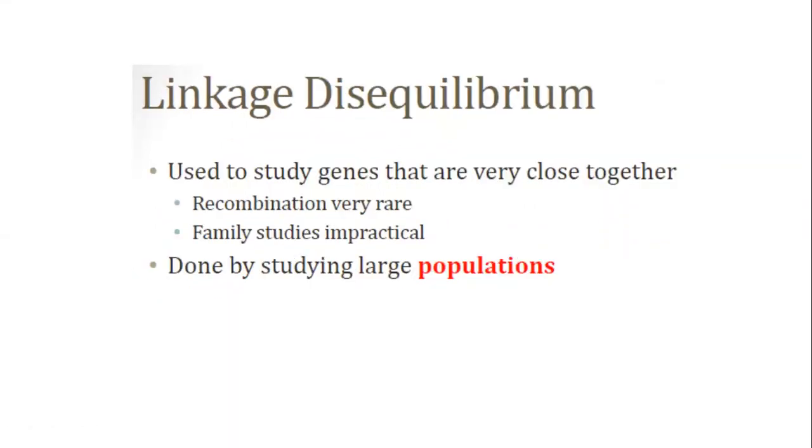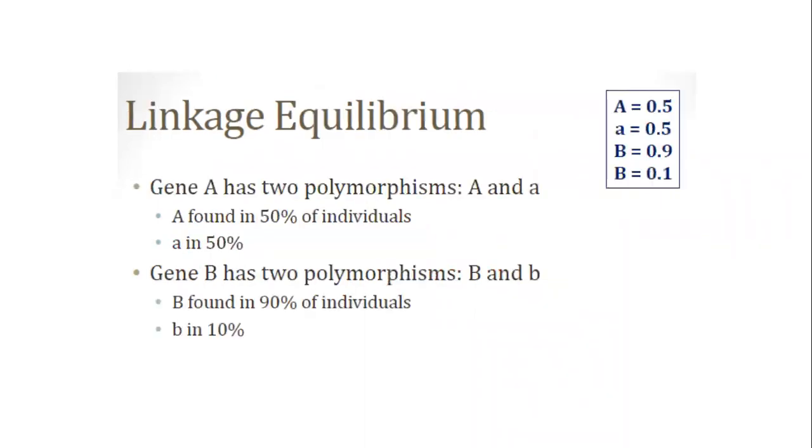Before talking about linkage disequilibrium, let's talk about what linkage equilibrium is. Let's suppose that gene A has two polymorphisms, this one and this one. And let's also suppose that A is found in 50% of individuals and small a is found in 50% of individuals. In this case, the frequencies of A and small a will be 0.5 and 0.5.